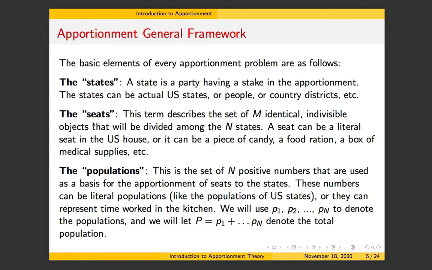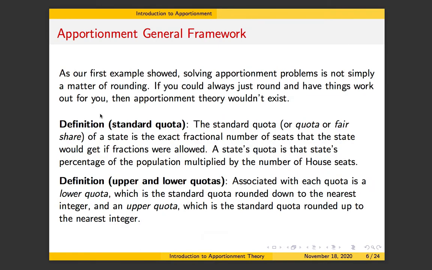You might be competing for something besides a seat, as we will see later. So our first example showed, among other things, I guess, that solving apportionment problems is not simply a matter of rounding. If you try to just round, sometimes it might work out for you, but that example showed not always. If you could always just round and have it work out, then maybe this theory wouldn't exist, okay?